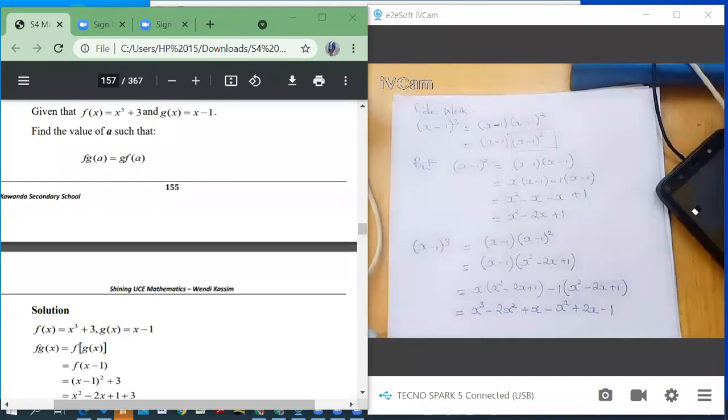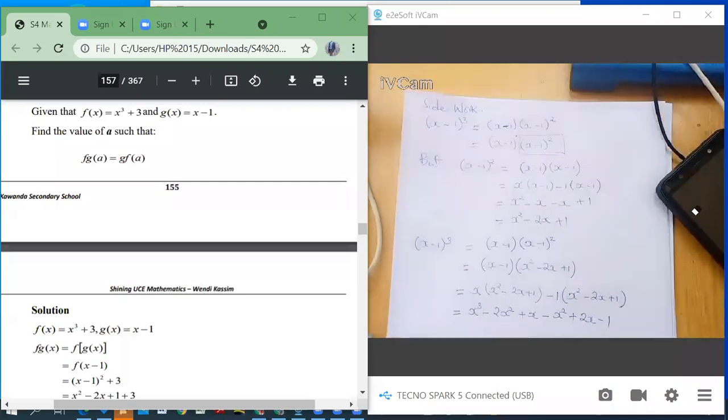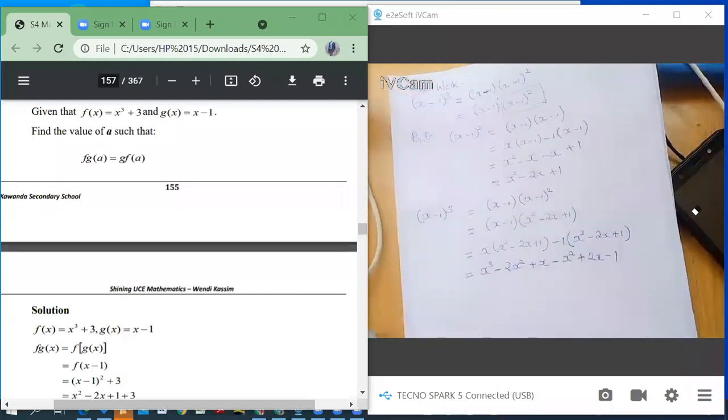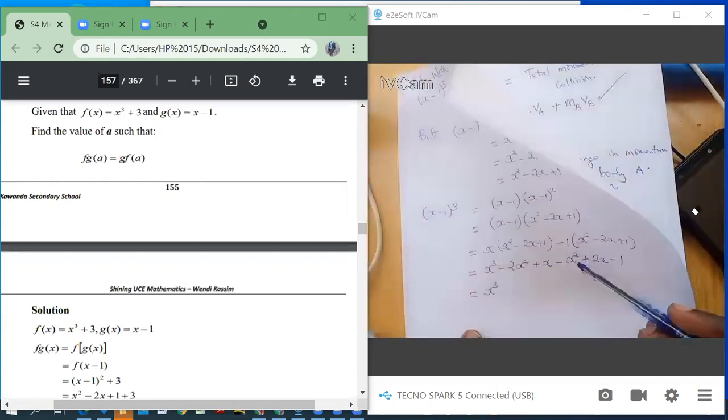I remember when I was teaching function and expansion and factorization, we said you can only add or subtract terms which are of the same degree. So we shall have x cube. Do we have x squared again somewhere?